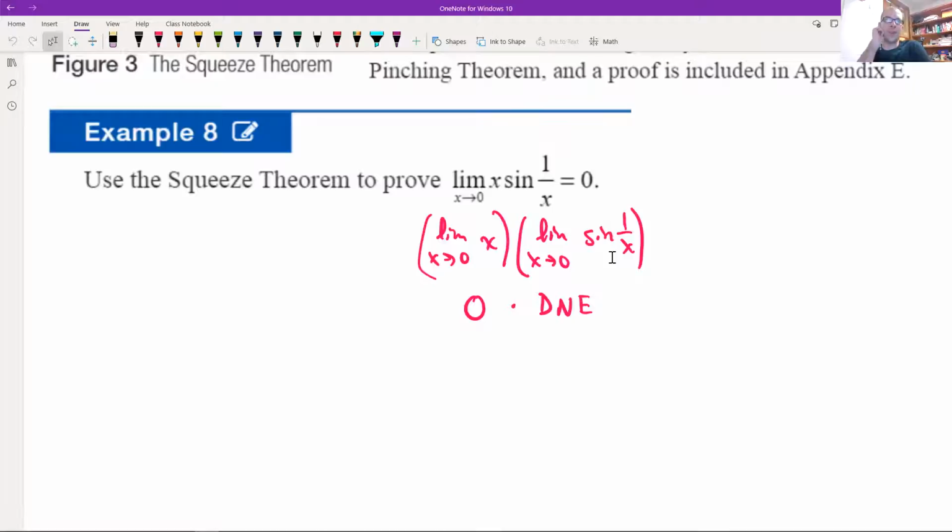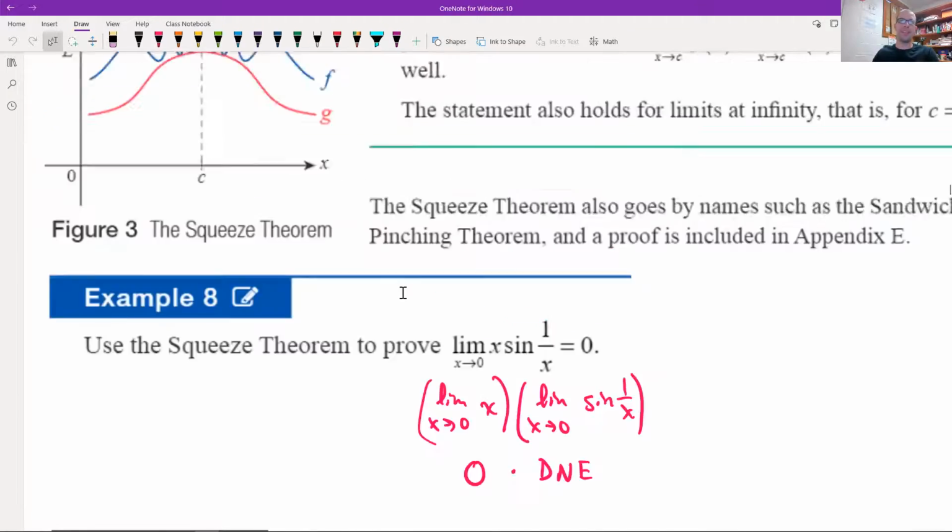It might seem nice to just call this one does not exist, because one of the parts of that limit doesn't exist. But in this case, since we have 0 times a limit that does not exist, there still is maybe some room for a limit to exist and be 0.